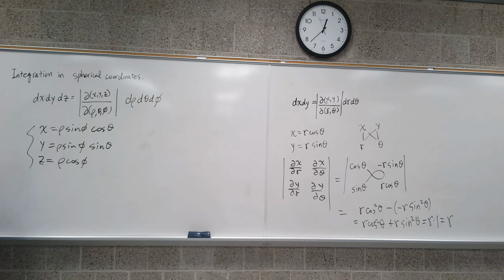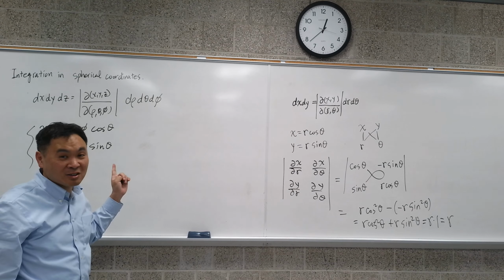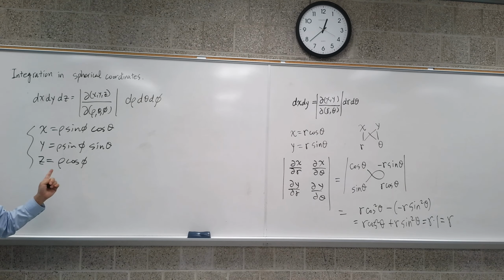So you have this huge thing, and it's going to be a 3 by 3 matrix because you have to differentiate this by r theta phi, r theta phi, r theta phi. And by the way, if you differentiate this by theta, you're going to get 0. If you really want to know what's going on, this is a nice thing to try on your own, okay? You will have a gigantic 3 by 3 matrix, and if you take the determinant of that, you'll get exactly rho squared sine phi.